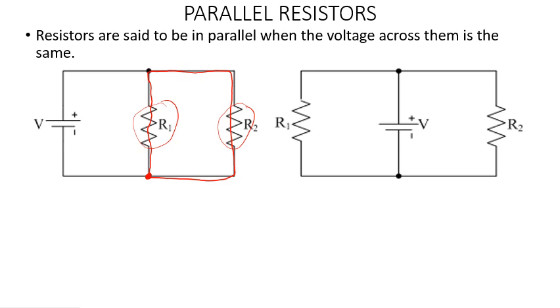If I'm able to move from this point all over to this side and back, and I only meet the two resistors that I'm considering, that means those resistors are in parallel. Since R1 and R2 are in parallel, I can just denote it as R1 is in parallel with R2.